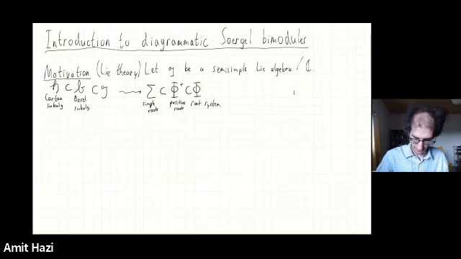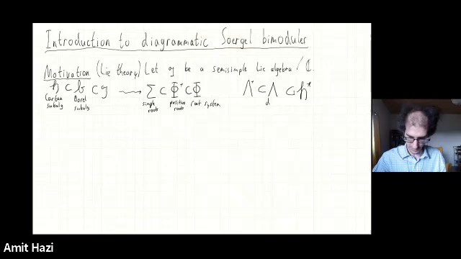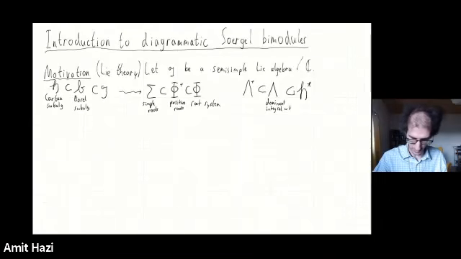We have a lattice lambda, and inside that, a sort of positive part, lambda plus. Lambda is just integral weights. And lambda plus is dominant integral weights.